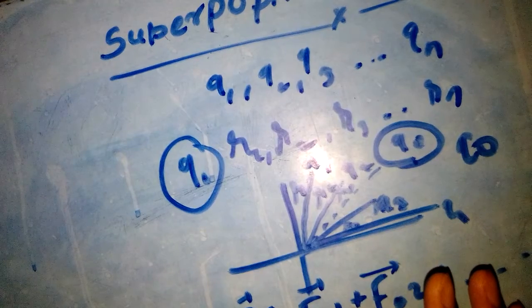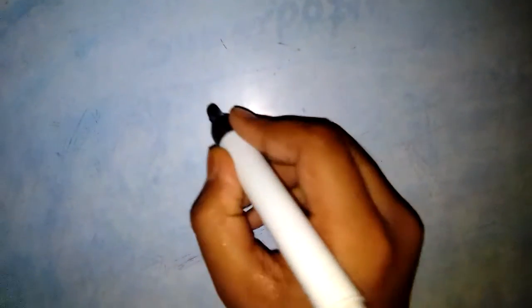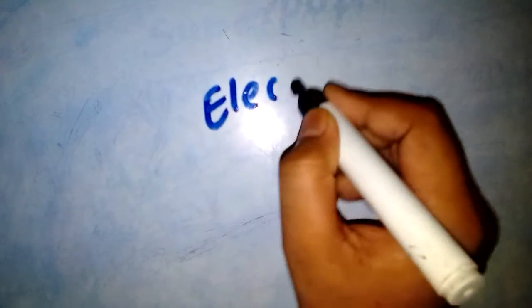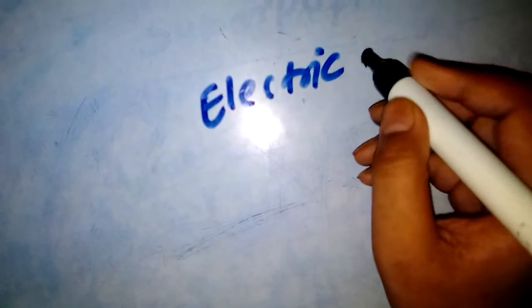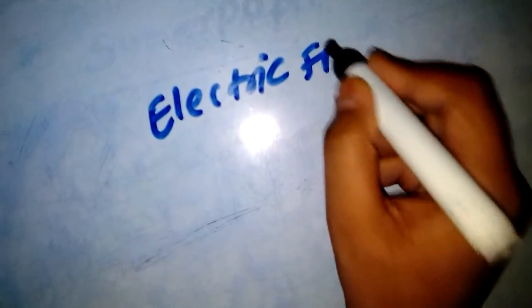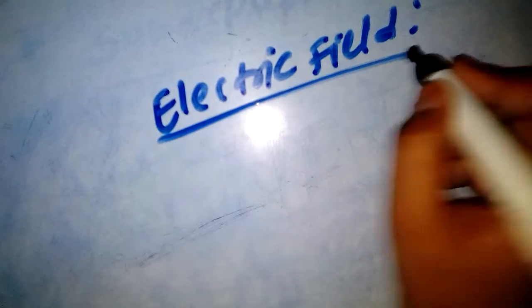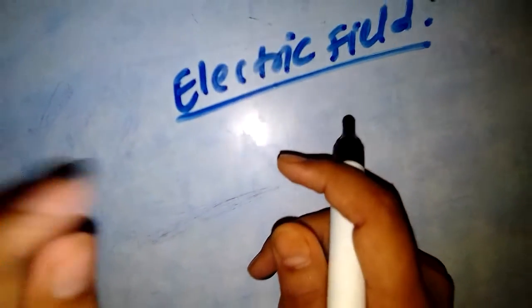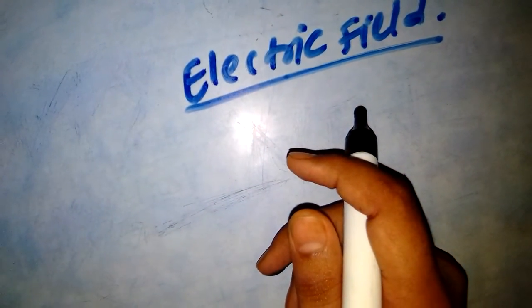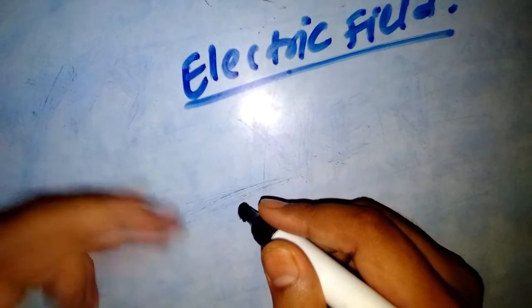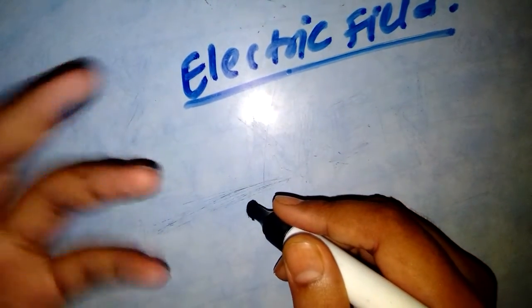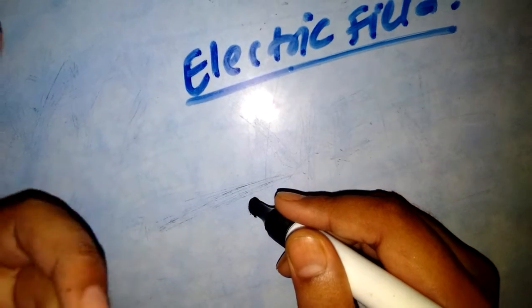Now we are going to discuss electric fields. The next topic, electric field. Now see, what is electric field? We are in class 12th, so we have studied magnetic fields.